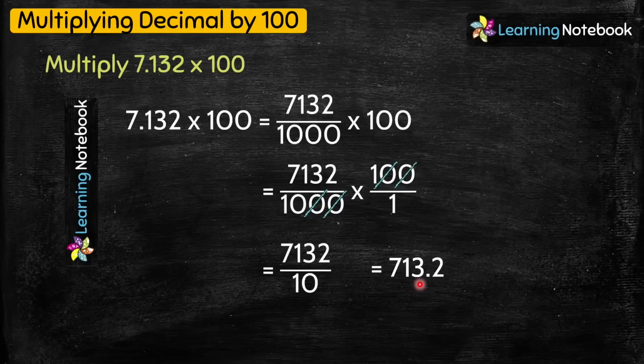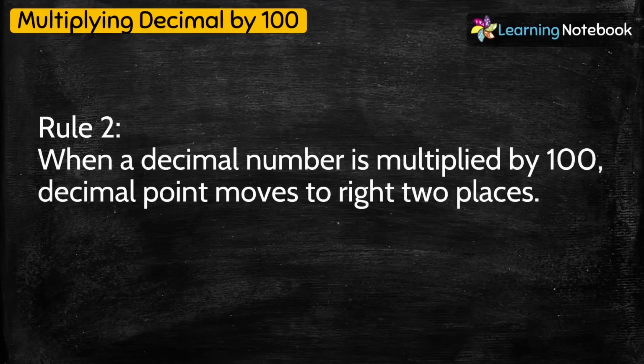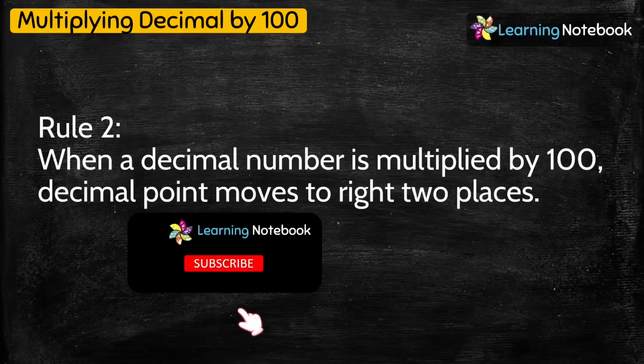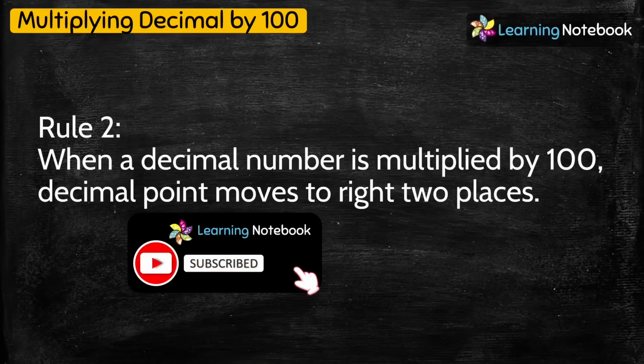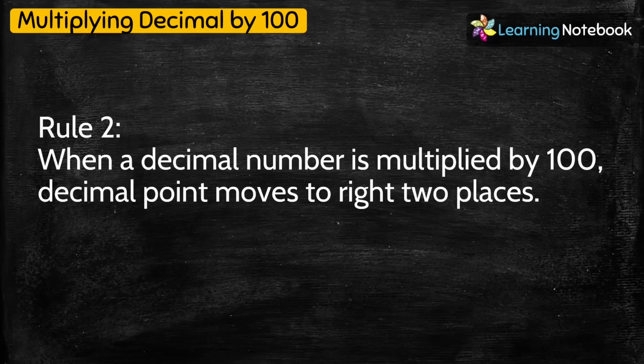So here we can observe that when a decimal number is multiplied by 100, the decimal point moves to the right by 2 places. So this is rule number 2. When a decimal number is multiplied by 100, the decimal point moves to the right by 2 places.